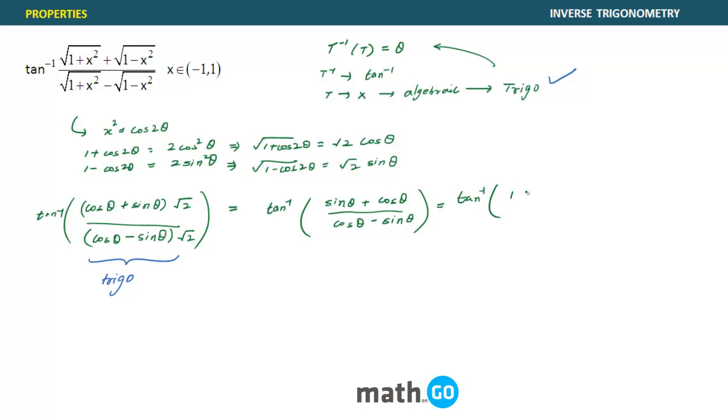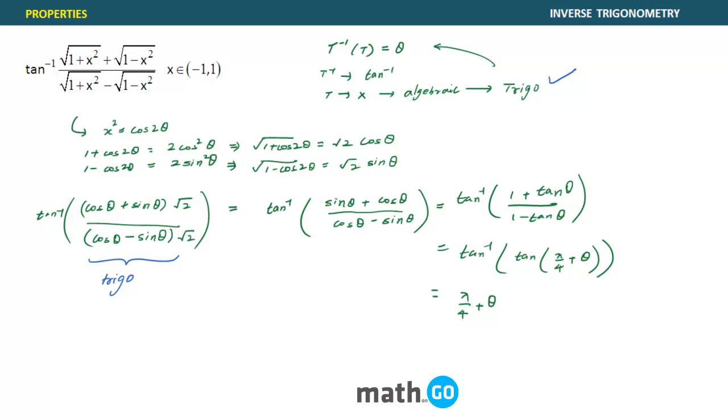Divide by cos, this becomes 1 plus tan theta upon 1 minus tan theta, and we know that this is nothing but the formula of tan of pi by 4 plus theta, right? This is the value which we can say. Now the answer that we can easily see is that this becomes pi by 4 plus theta. Now can we say this directly?